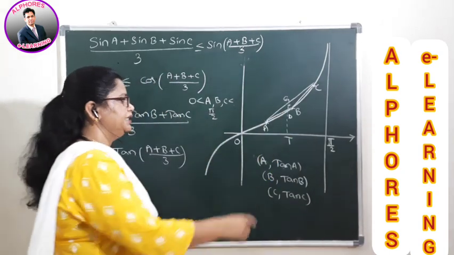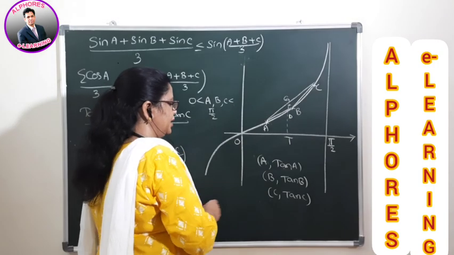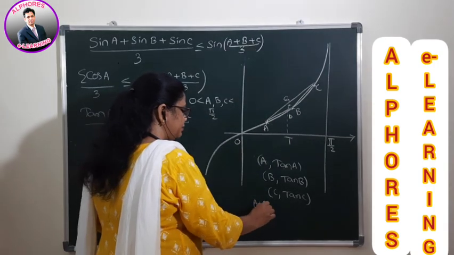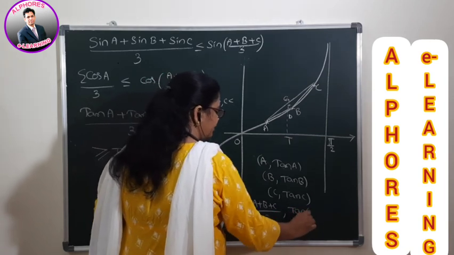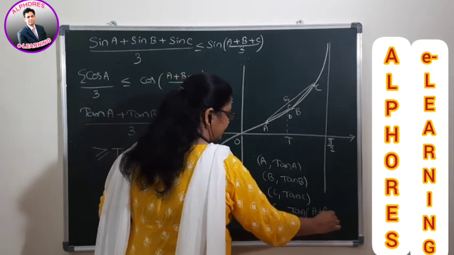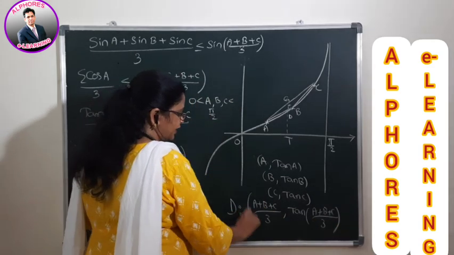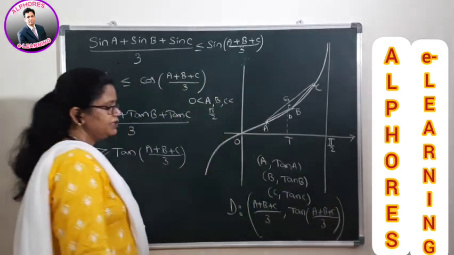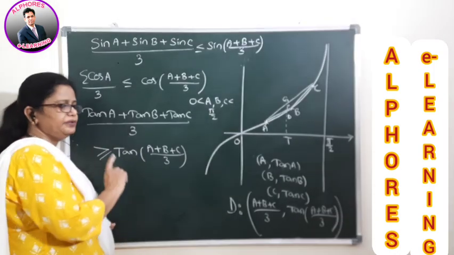What is DT? D is exactly the corresponding ordinate value. Implies if I take (a + b + c)/3, then correspondingly the ordinate is nothing but tan of (a + b + c)/3. Okay, these are the D coordinates. Understand?